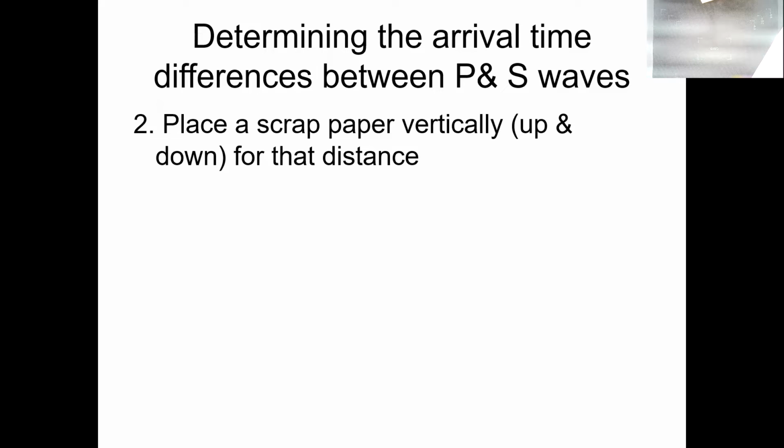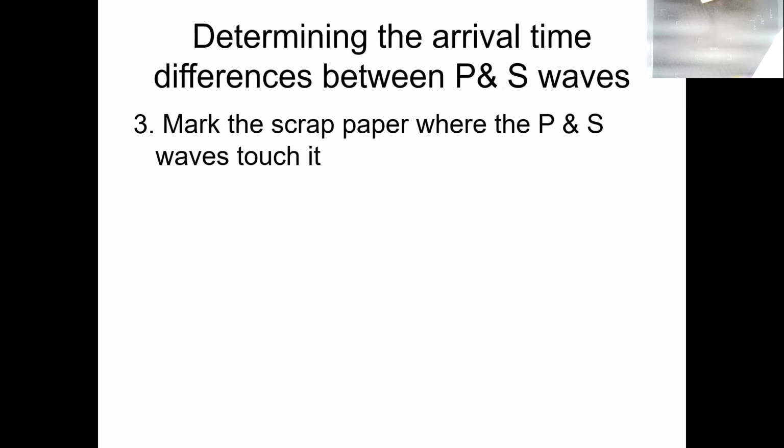All right, everybody got that step. Step three, we're gonna do all these steps in 1 second. Step three is mark the scrap paper with a P and the S wave section.